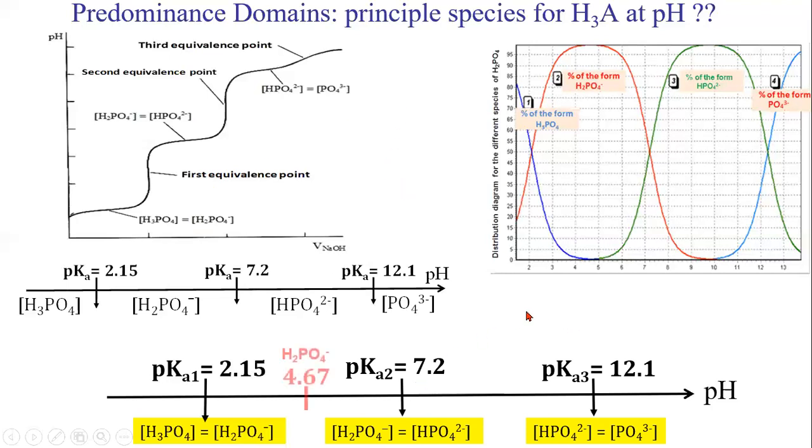Also, you could add one more value point, which is when I only have in my solution H2PO4 minus, and when I only have HPO4 2 minus. And what is this? This is an amphiprotic species, right? And this number is half of pKa1 plus pKa2 for this species.